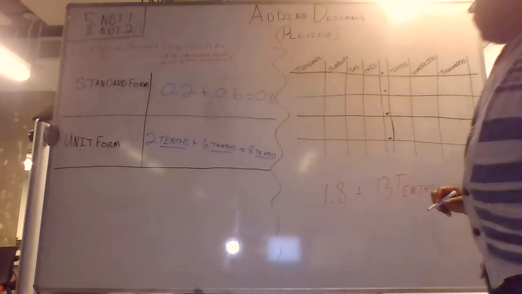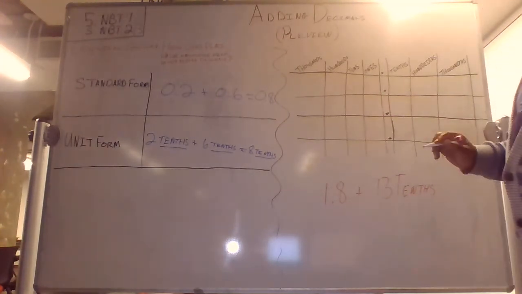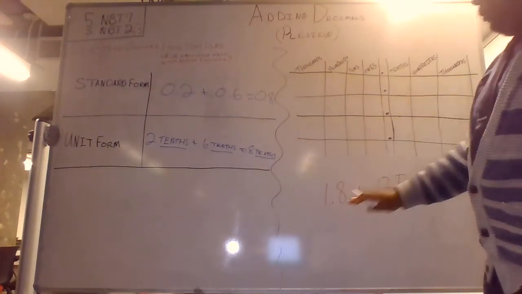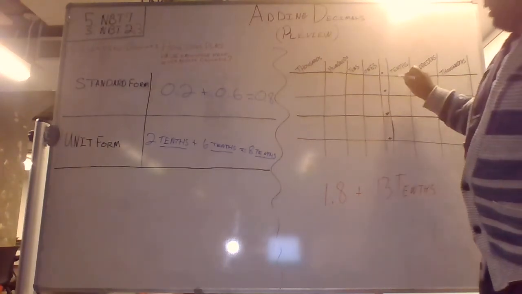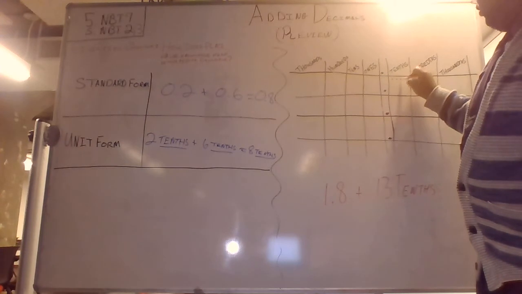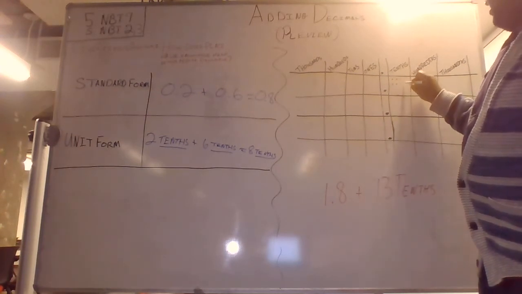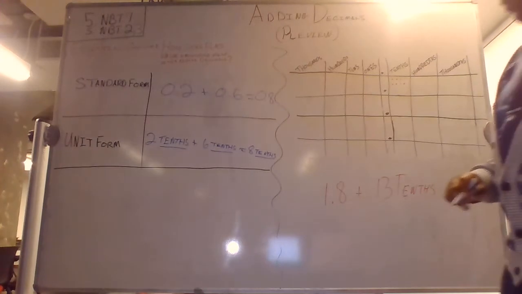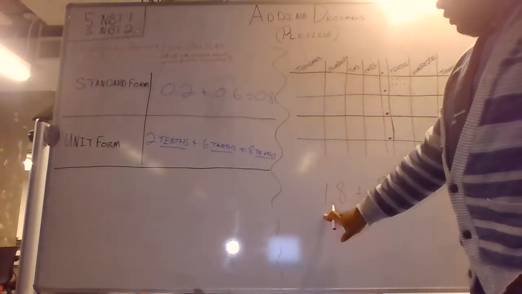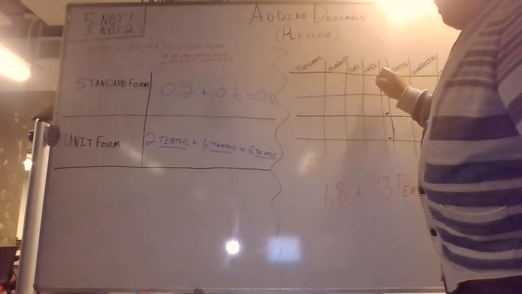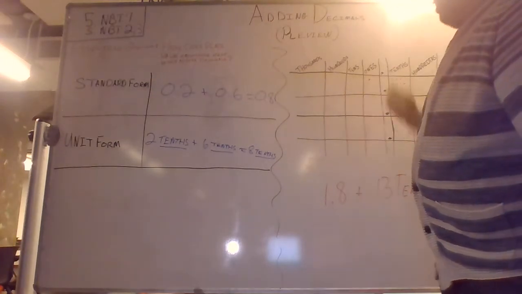This time I want you to notice that I'm going to start in the tens place and I'm going to put my 8/10. 1, 2, 3, 4, 5, 6, 7, 8. In here is the number 1. So it's 1 8/10. So I need to put a disc in the ones place.